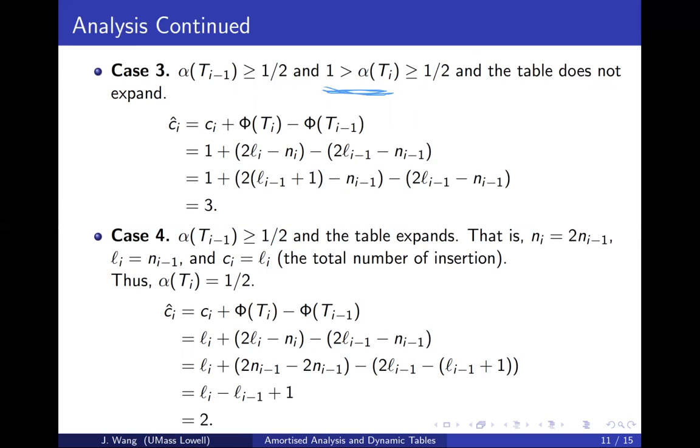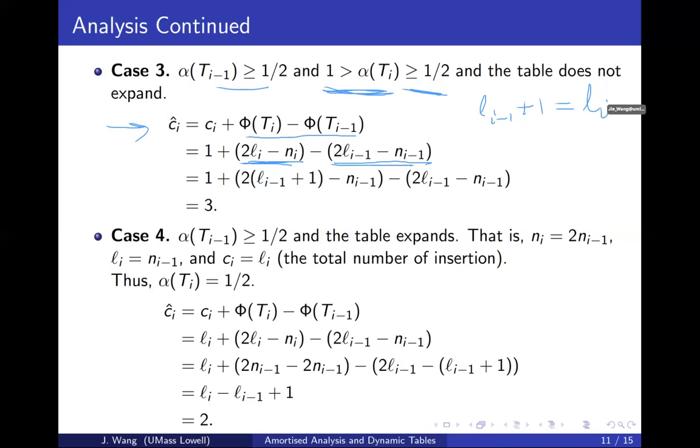So then the amortized cost is equal to this, and both load factors are greater than or equal to 1/2, so you use this part of the potential function, and the same thing still happens. We still have L sub i minus 1 plus 1 because it's an insertion. That's L sub i.